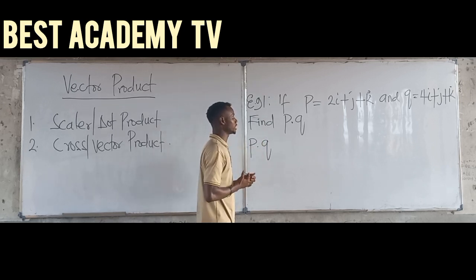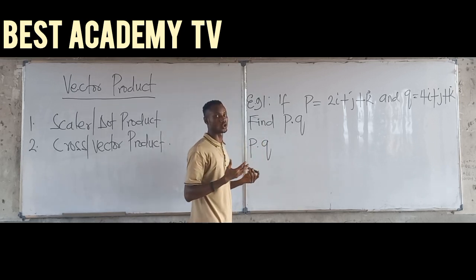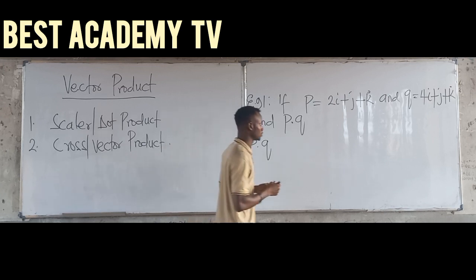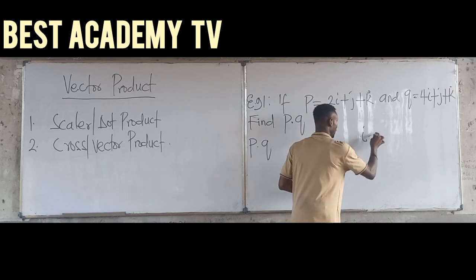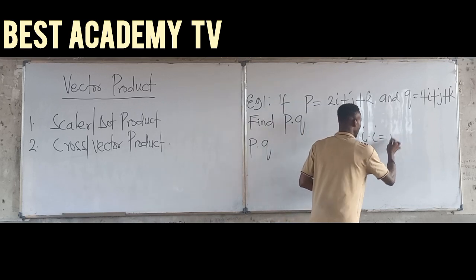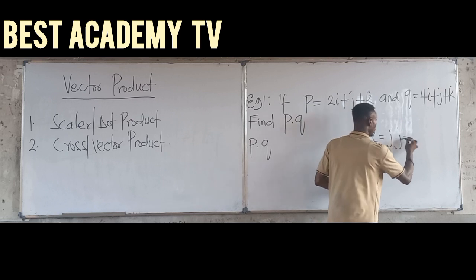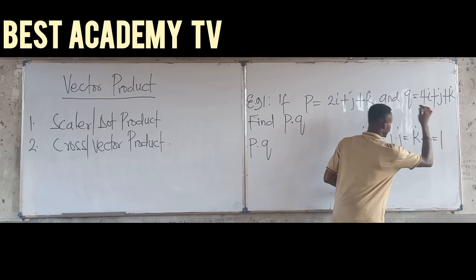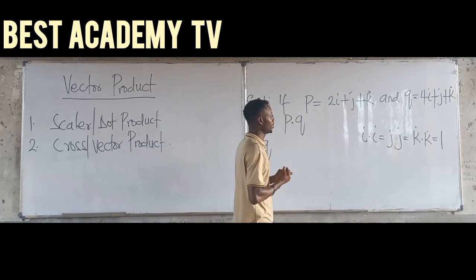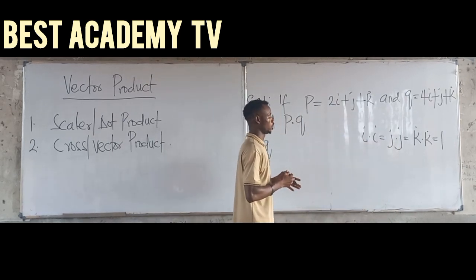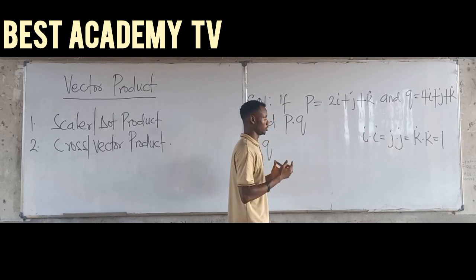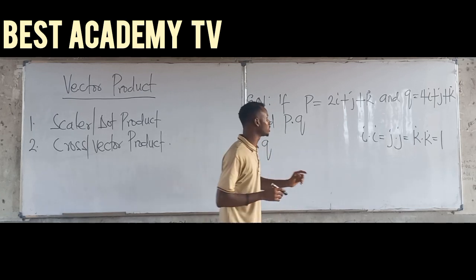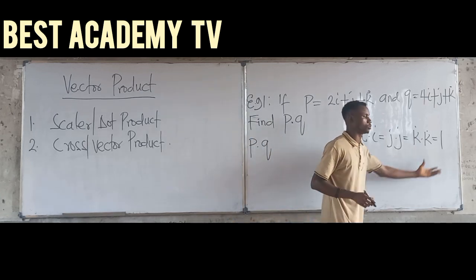But before I evaluate this, there's what you have to know in terms of dot product. Whenever you have i dot i or j dot j or k dot k, it is said to be 1. It means that whenever you dot the same vector, the result is 1.